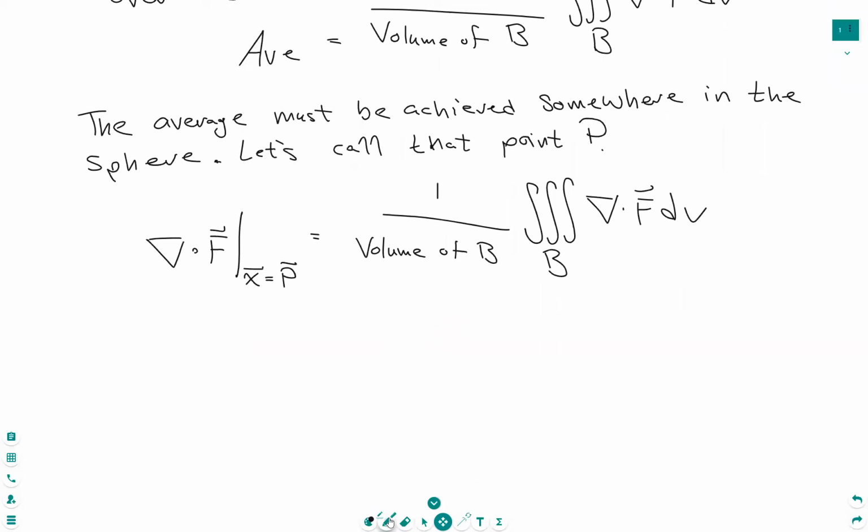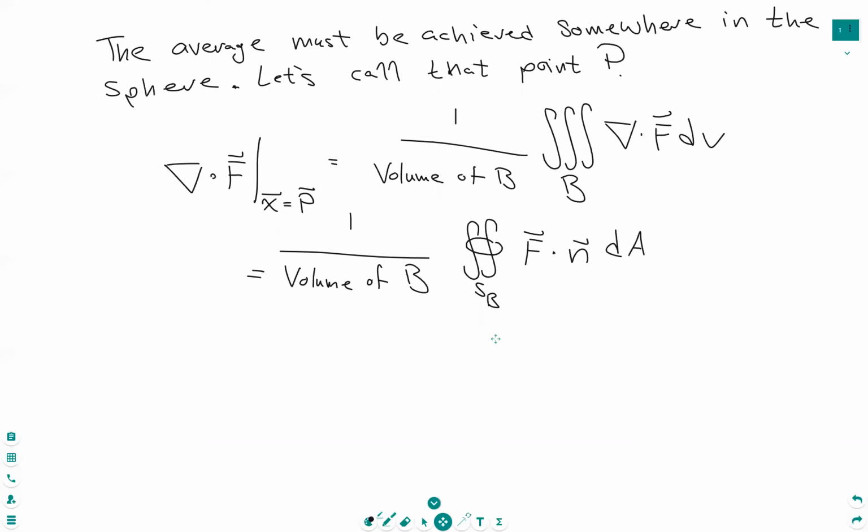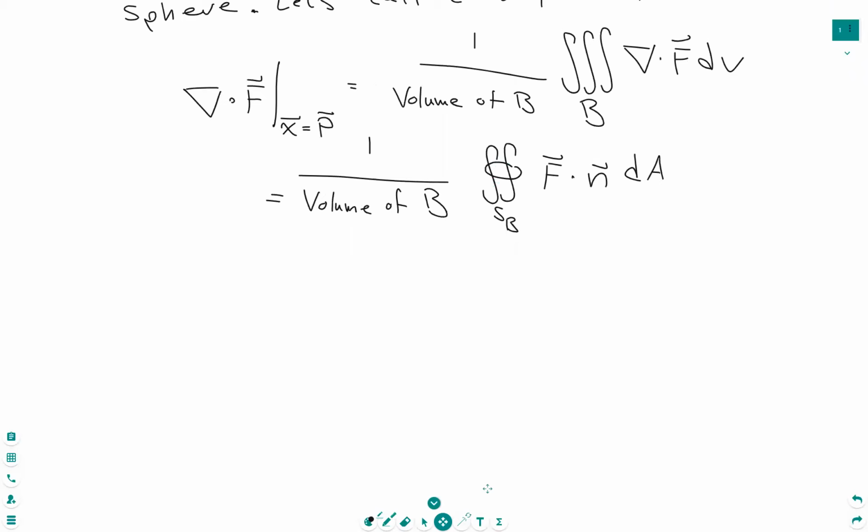Well, based off of Gauss's theorem, this right-hand side can be written as 1 over the volume of B, the surface area integral over that sphere B of F dot N dA. So what does this surface area mean?